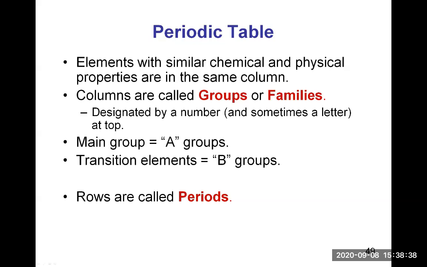So remember how we said the main groups are the A groups, and the transition elements are the B groups. And so rows are called periods. So periods, because the properties observed in elements reoccur periodically within the period from left to right. You see the same type of chemical properties come back. And that's why it's also called a periodic table, because you see a pattern of properties that are shared with elements in columns.